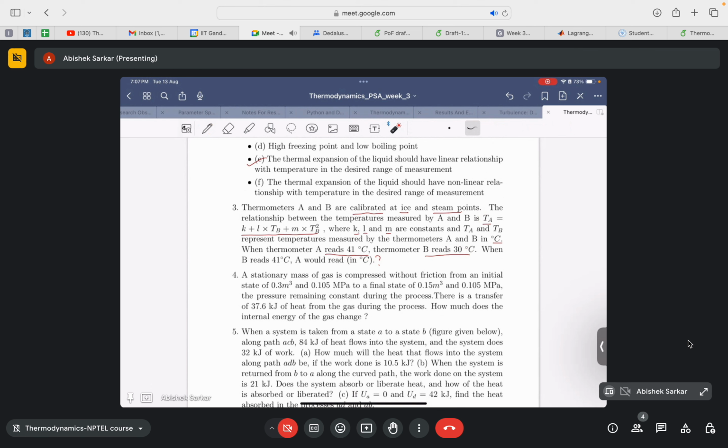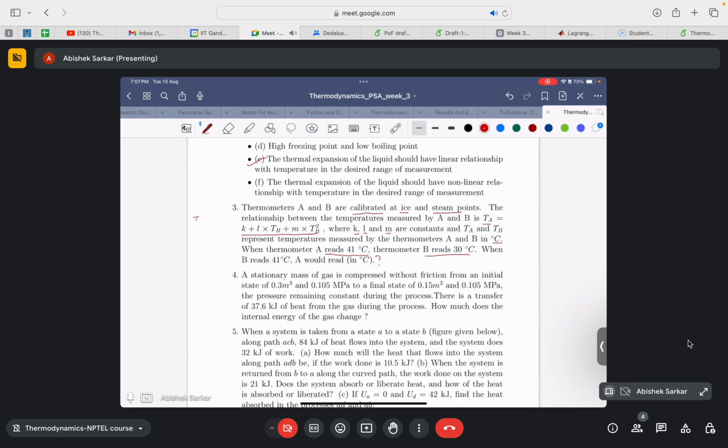So in that case, it will give you that TA is equal to TB at 0 degrees Celsius. Similarly, TA is equal to TB at 100 degrees Celsius. Okay, so that is the relationship. I will just write it so that it becomes a bit clearer.